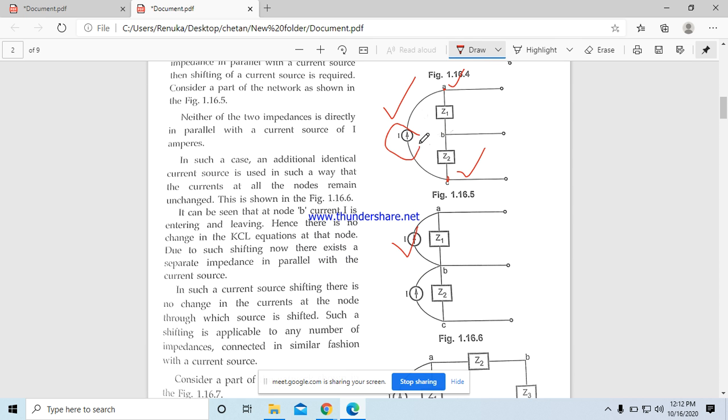This I can be drawn independently parallel to Z1 and independently parallel to Z2, so that you have made this I common to this portion as well as this portion. Whatever the current you will get at A as well as C, that same current effect you can get at A as well as B, B as well as C. If you draw the circuit like this, there is no change at all. Same effect you can get.